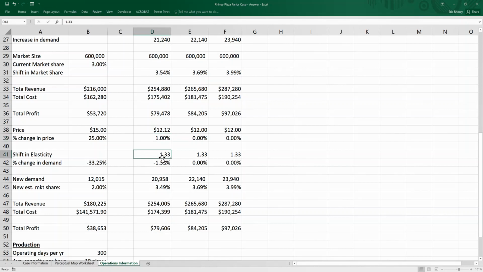But we could shift this elasticity and decrease it, anticipating that we're moving closer to that customer segment 3. So maybe we could shift this down to possibly 1.15 or something like that. And we can see what that does in terms of shifting everything. All right. And we see what our new demand is here.